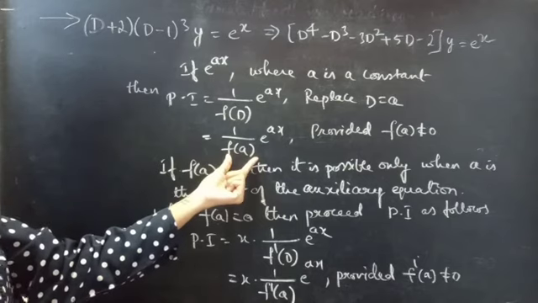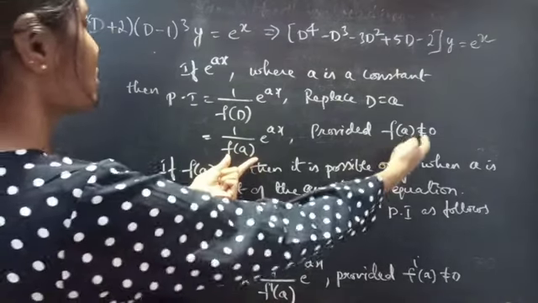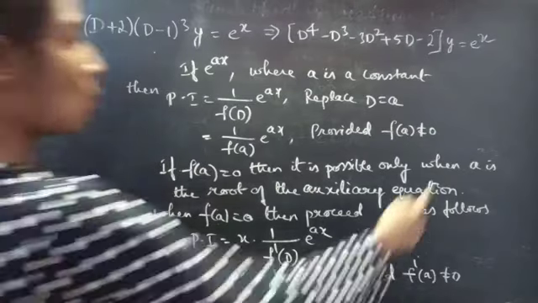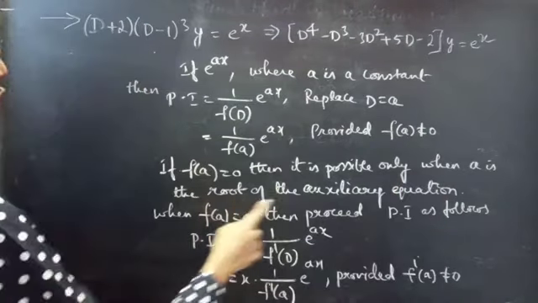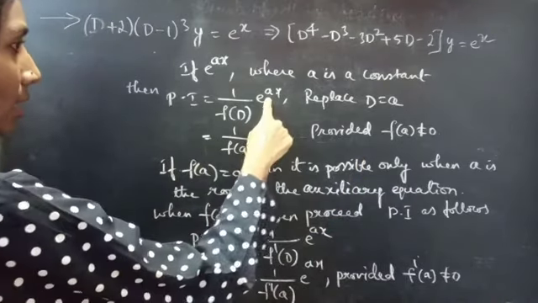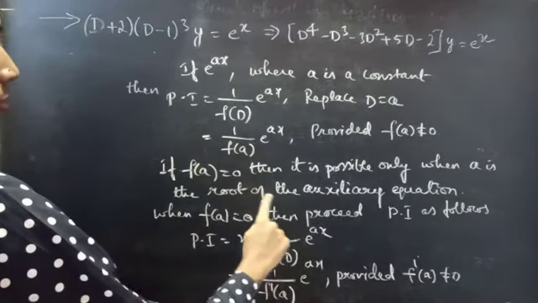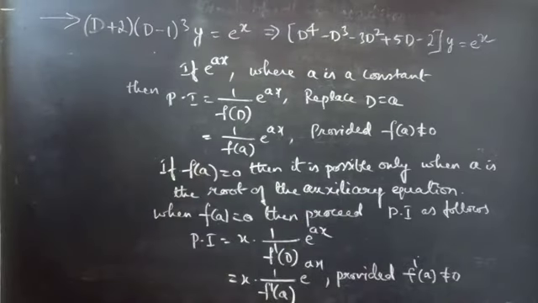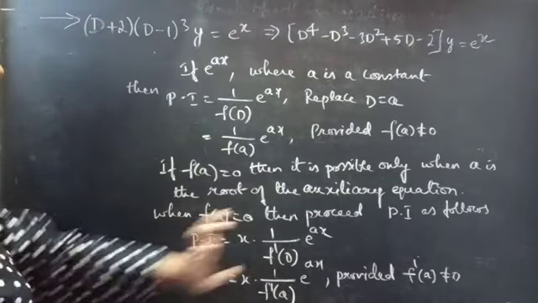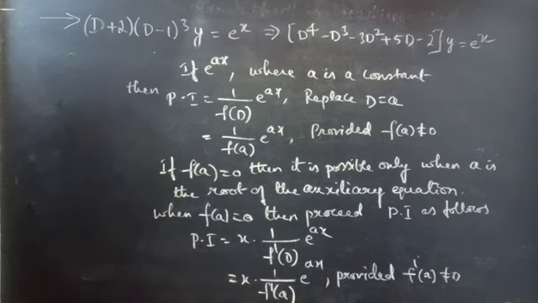Suppose f of a equals 0, then it is only possible when a is a root of the auxiliary equation. When f of a equals 0, then proceed with this formula.